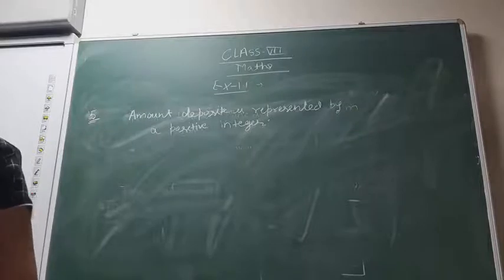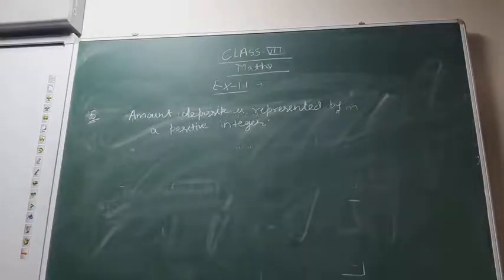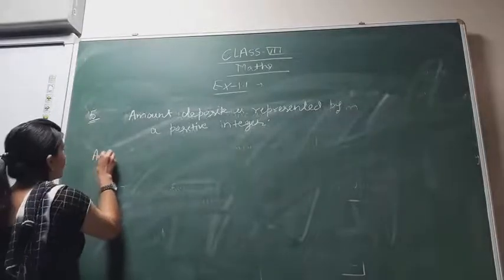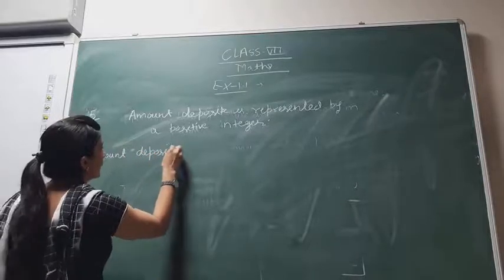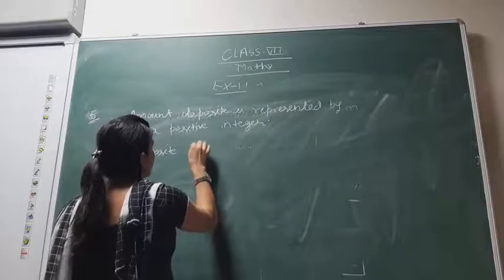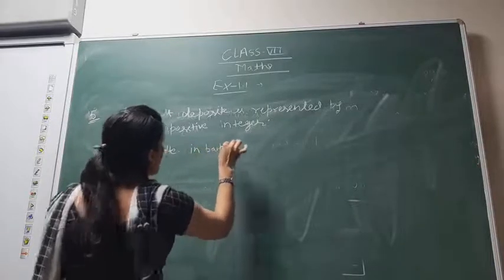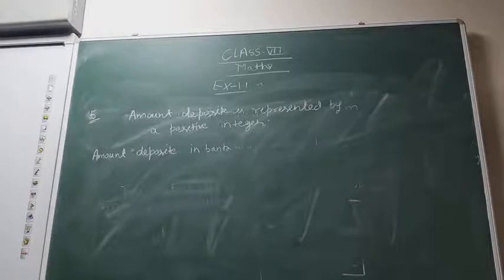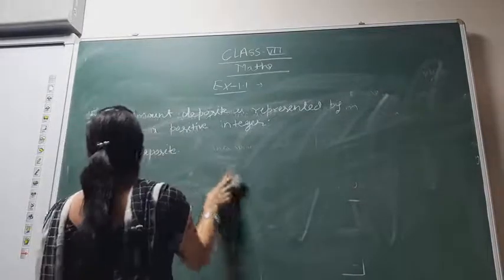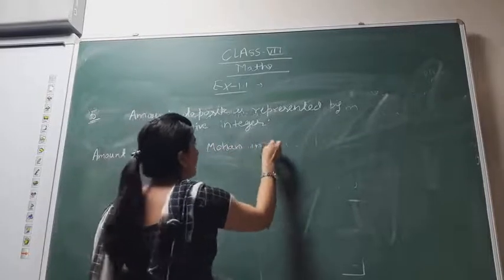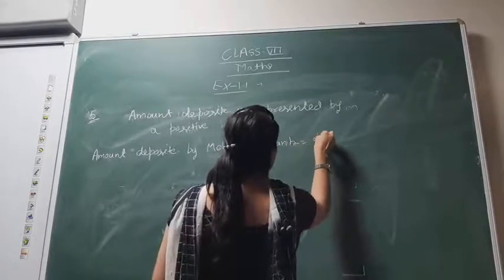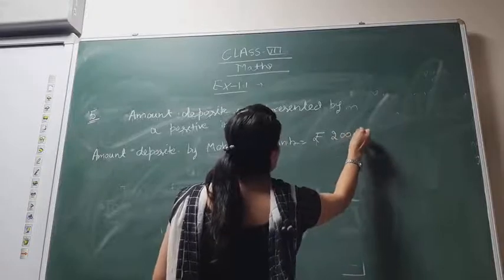Then second part, it is said find the balance in Mohan account after the withdrawal. So firstly, we will write amount deposit by Mohan in bank is rupees 2000.